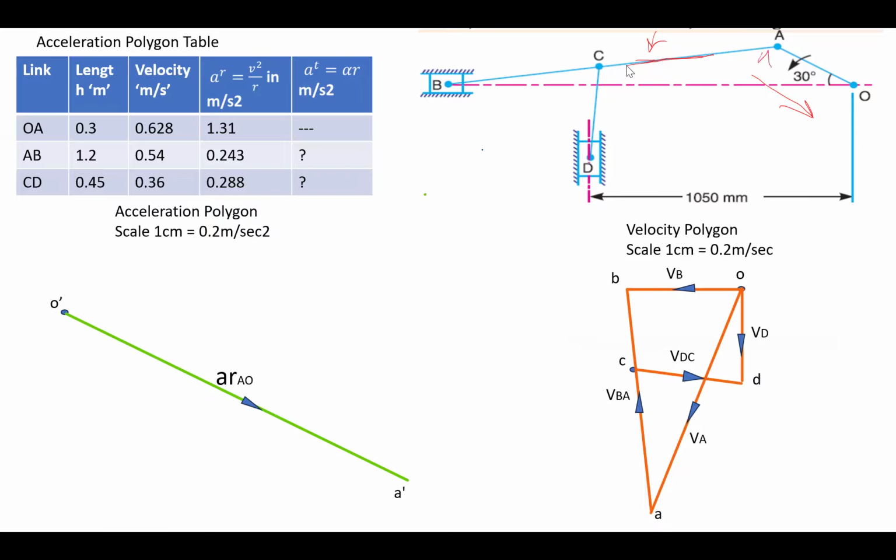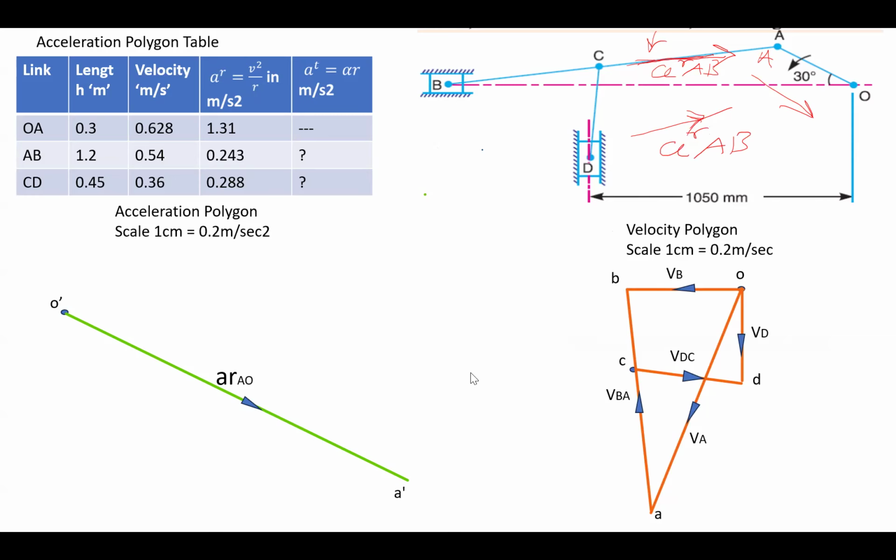So the centripetal component of AB, also called the radial component of AB, will act in the direction of the center. This line, parallel to AB, which we call the radial component of AB, is going toward the right up.